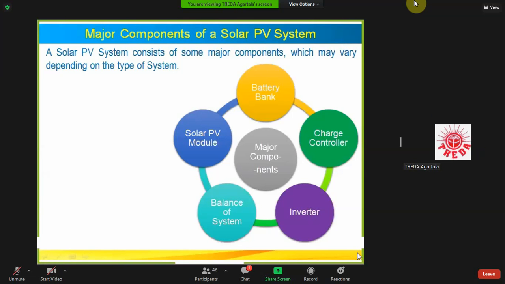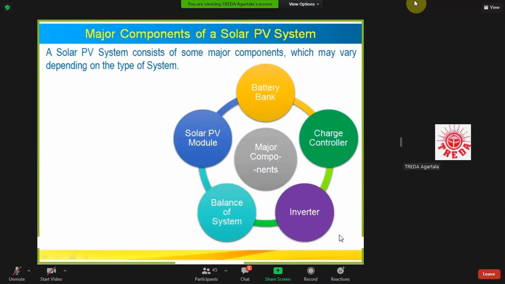These are the major components of the solar PV system for its implementation in the field. Beyond this, one more major component is there. This is the SPV mounting structure, because for any implementation of solar PV modules, for erection we need a mounting structure.